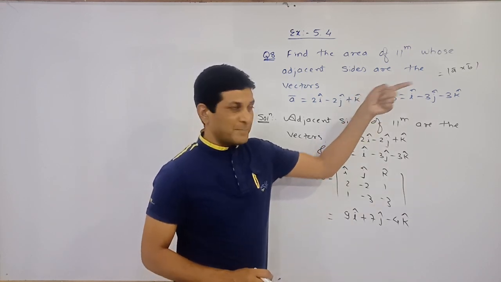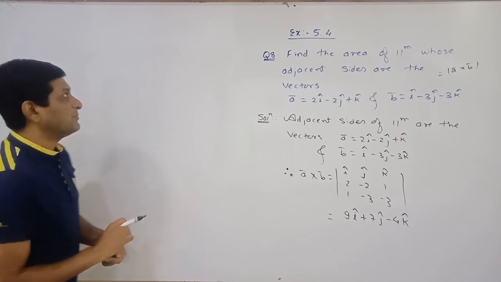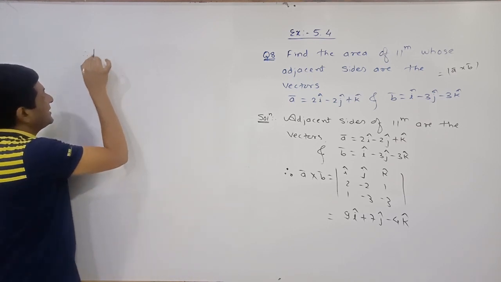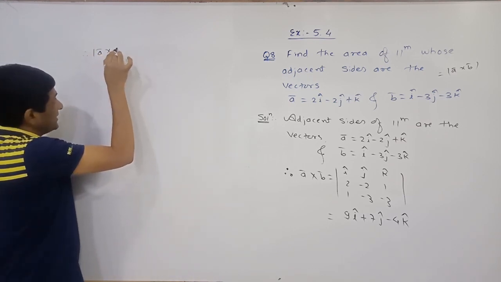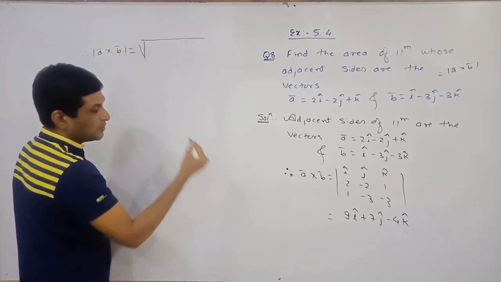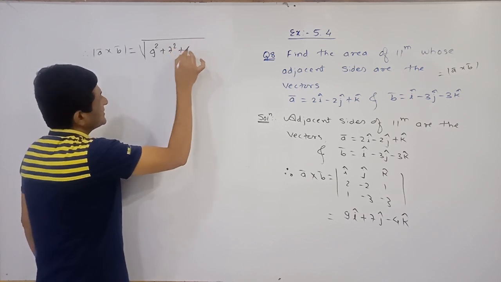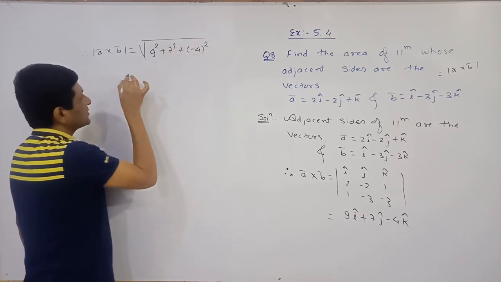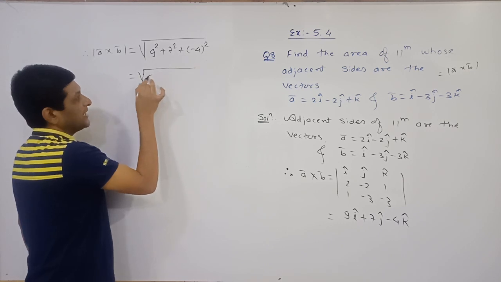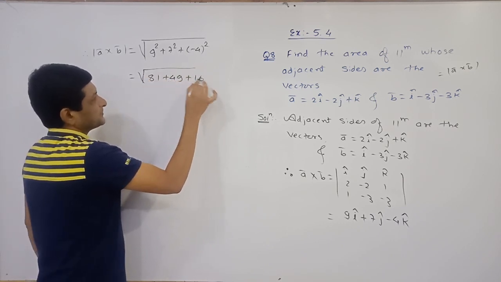Now to apply that formula, we will require the magnitude of a bar cross b bar. So the magnitude of a bar cross b bar is equal to under root 9 square plus 7 square plus minus 4 square, which is equal to under root 81 plus 49 plus 16.